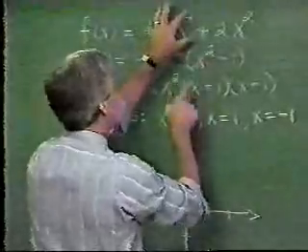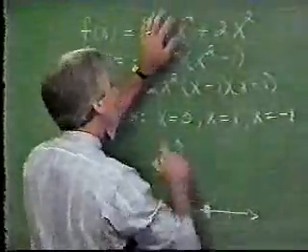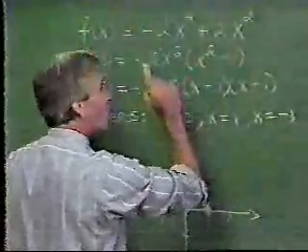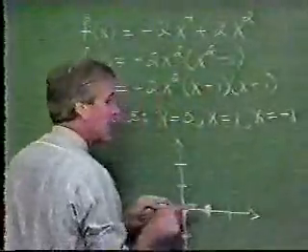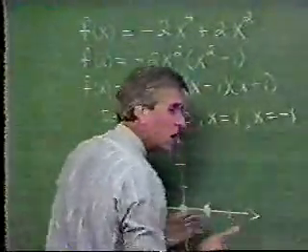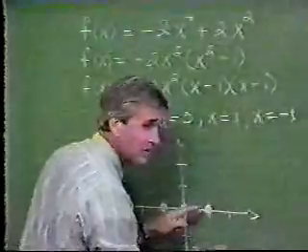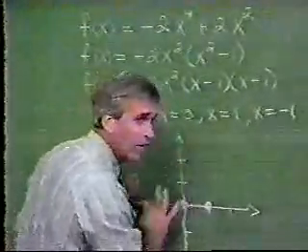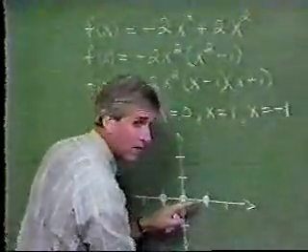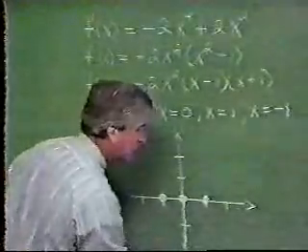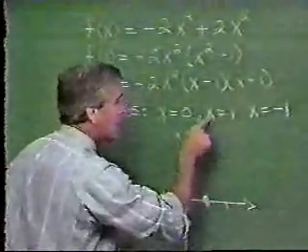Negative 2 times that positive number makes this term negative, and therefore f of x or y will be negative when x is a big positive number. What that tells us is that the graph comes into our working area of the coordinate system from lower right. All right, so it'll come in like this. Now notice that x is equal to 1.